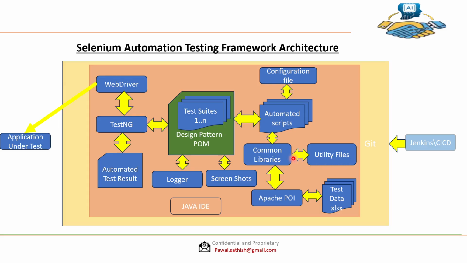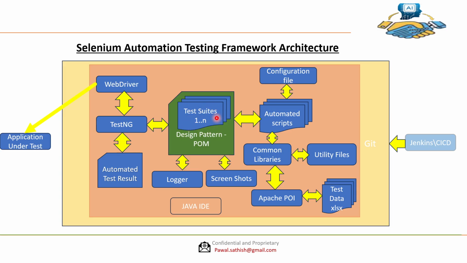For test data we are using the XLS file with Apache POI. We keep the common libraries, and here we have utility files, which store the common methods we require. Here you can see we have automated scripts, and all these automated scripts are kept under different test suites.